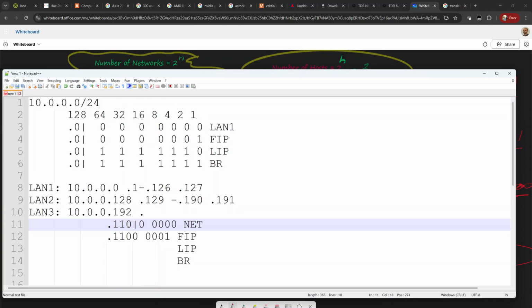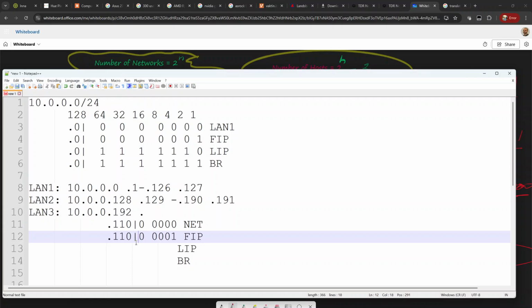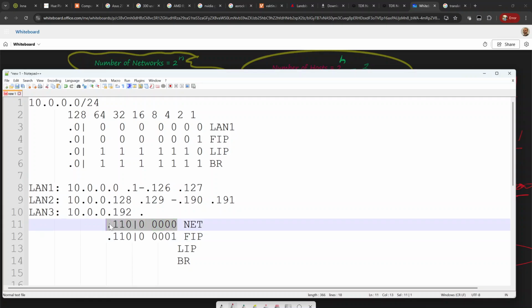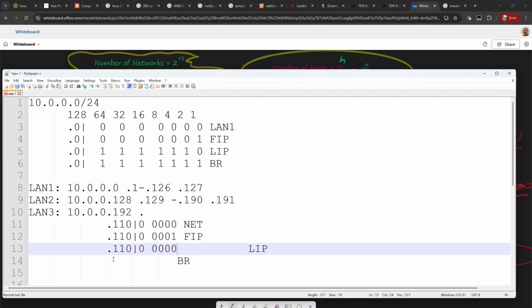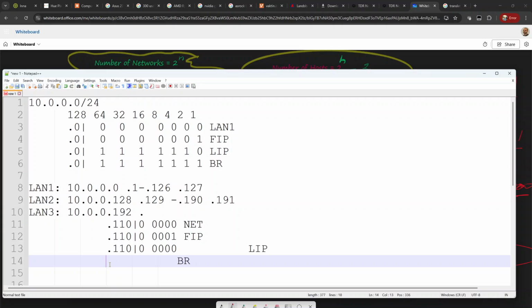So this will give me the 128, 64, 32. So our increment will always go with 32, correct? So I'm going to draw a vertical bar here as well. And then I'm going to copy those bits right here twice. Okay, so I'm going to copy here, and copy here as well.